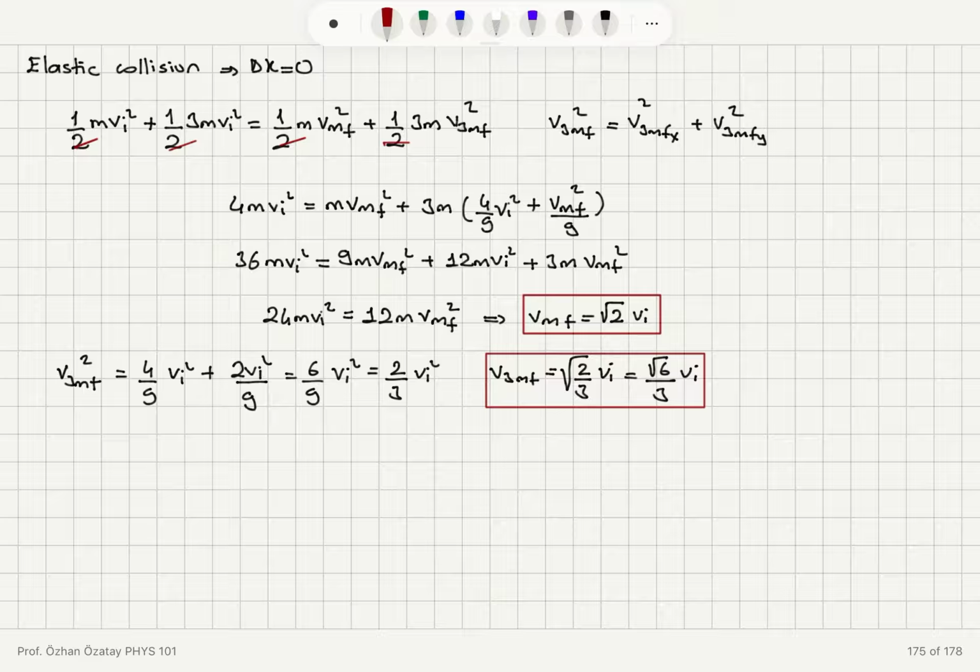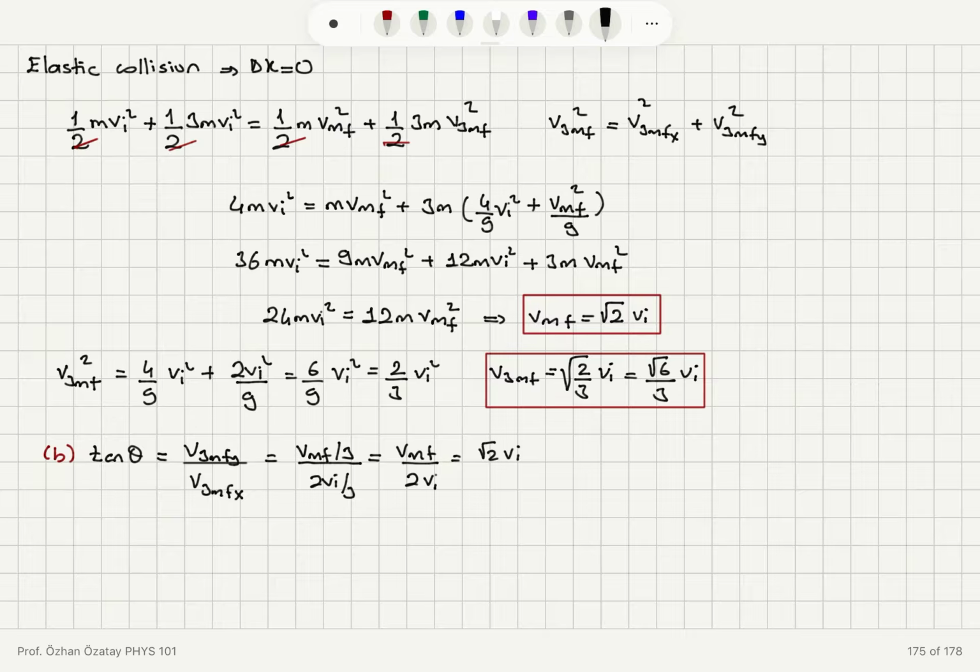And for part B, I want to know the angle this velocity vector makes with the x-axis. Tangent theta is the y component of the vector divided by the x component of the vector, v3m final x, and that is vm final over 3 divided by 2v initial over 3, which is vm final over 2v initial.